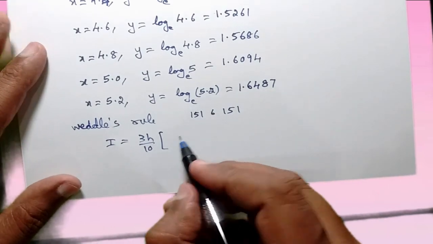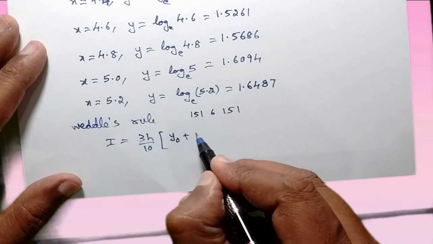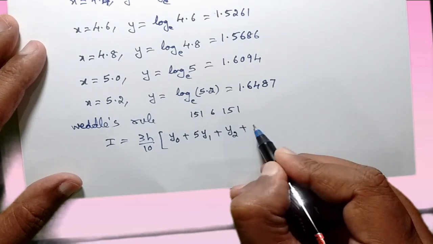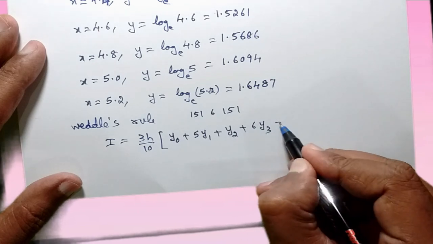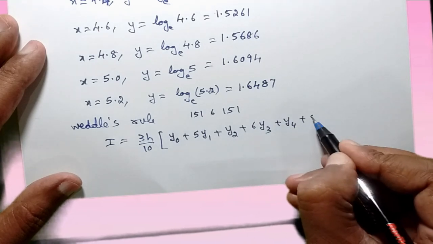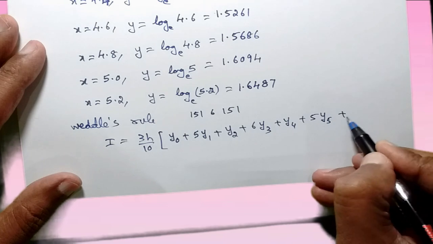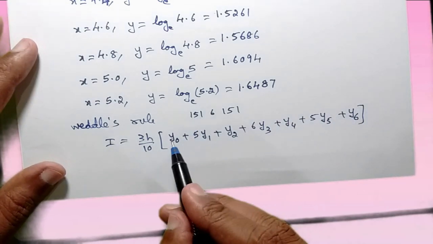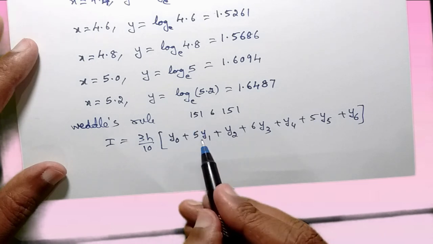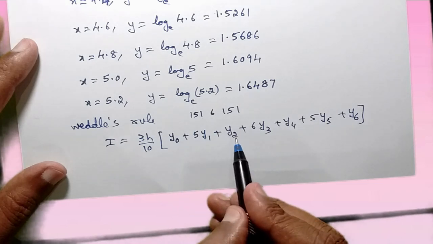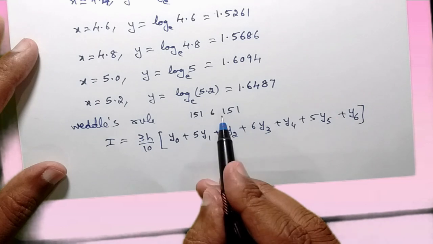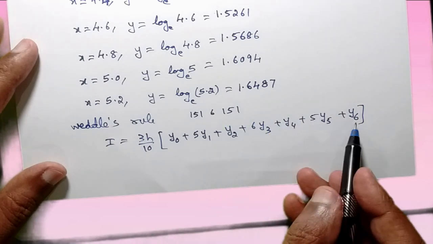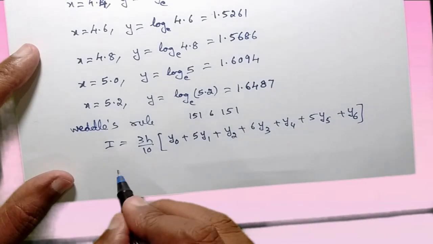So starting from y0 onwards: y0 plus 5 times y1 plus y2 plus 6 times y3 plus y4 plus 5 times y5 plus y6. So just using that code: 1 times y0, 5 times y1, 1 times y2, 6 times y3, 1 times y4, 5 times y5, 1 times y6. Just a technique to remember the formula.